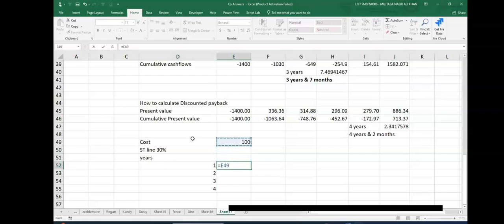So 100 into 30%. So 30 each year till year 3, and in the 4th year the remaining, that is 10.